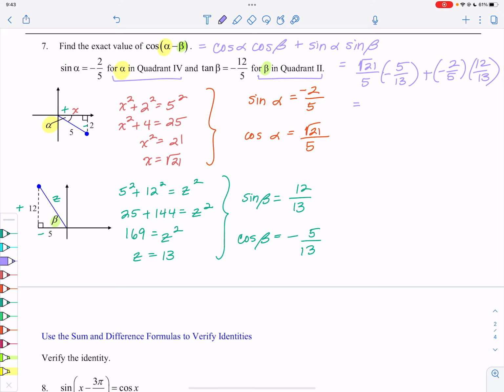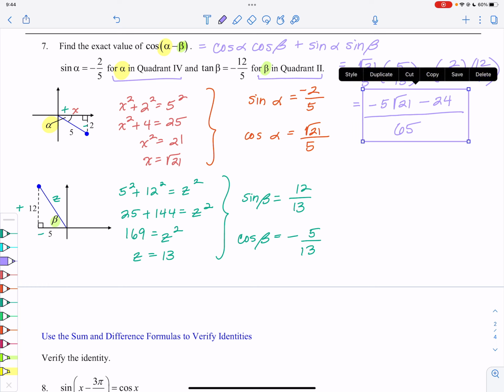And so if you multiply this out, you'll get a negative 5 root 21 minus, and these denominators are going to be the same, 24 all over 65.